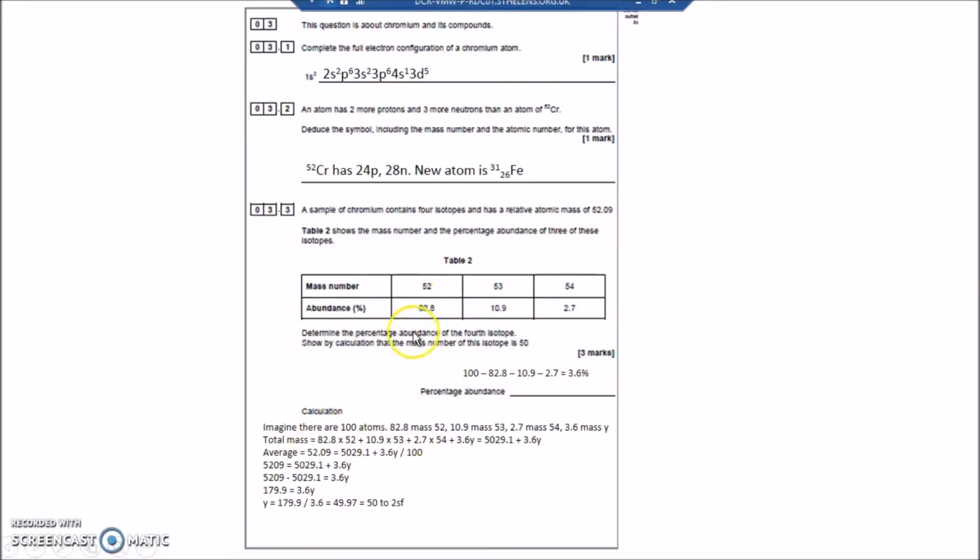So out of the 100 atoms, percentages is amount out of 100, 82.8 have got mass 52, 10.9 atoms out of the 100 have got mass 53, 2.7 of the particles out of the 100 have got mass 54, and 3.6% of the remaining isotope, I don't know what its mass is, so I'm going to call it mass Y. So the total mass is 82.8 particles times 52, that's the mass of those, 10.9 times 53, 2.7 times 54, and 3.6 particles out of the 100 have got mass Y, 3.6Y.